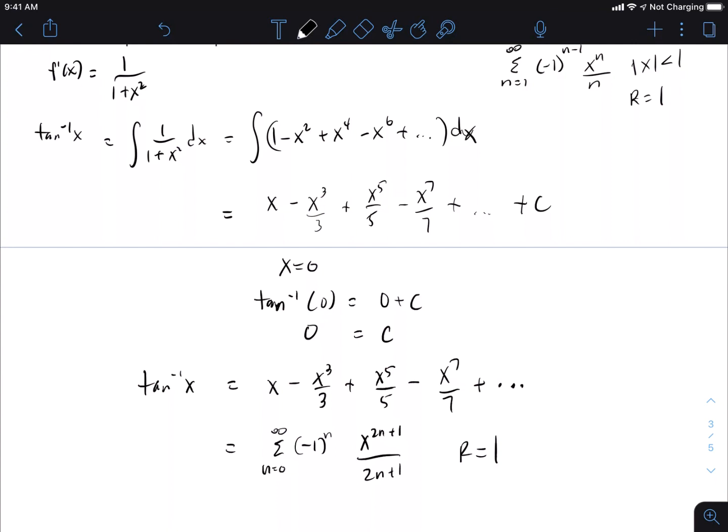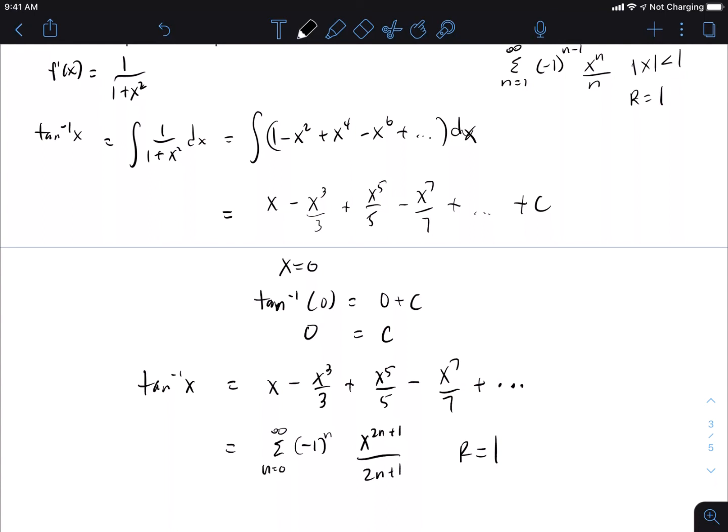Pretty cool stuff. It's weird that we used the geometric series at the beginning, then manipulating that gave us this power function. That power function then integrated gives us the tangent inverse, and we end up seeing that tangent inverse is this infinitely long power series, which is pretty cool.